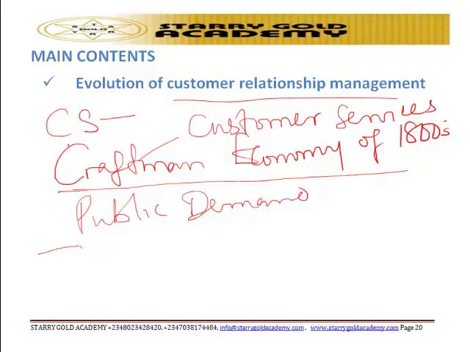Okay? Now, what happened in the era of mass production as it relates to the evolution of customer relationship management? We have seen the first one. The first one is the craftsman economy of 1800, and it talks about how products of arts and crafts were produced by manufacturers to meet the needs and specifications of their customers.